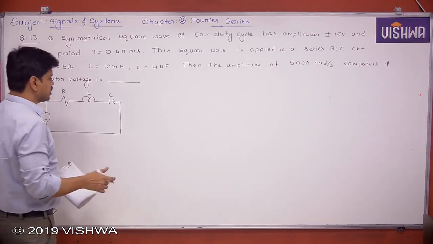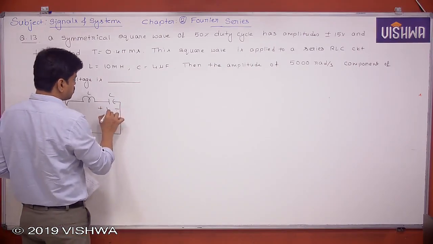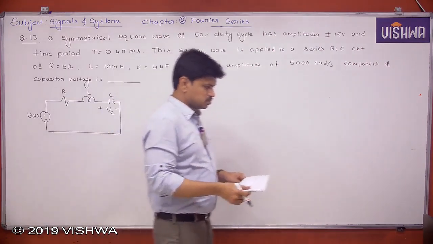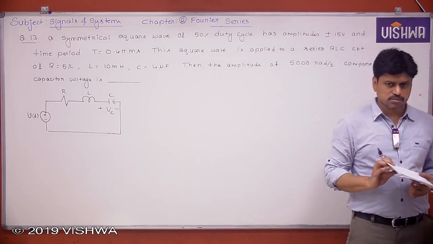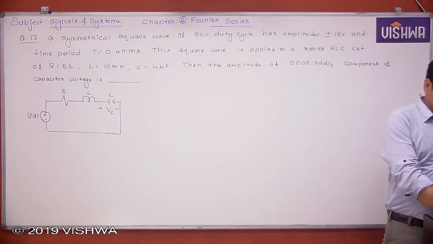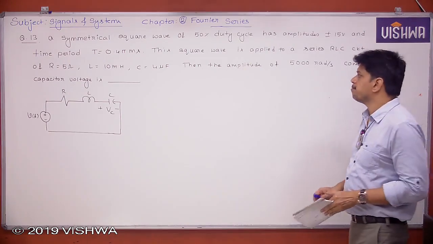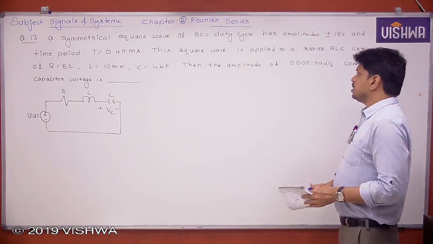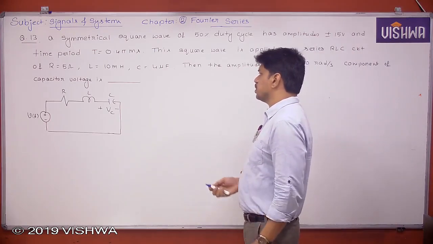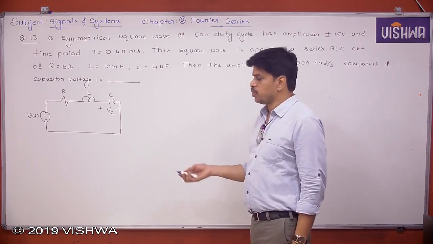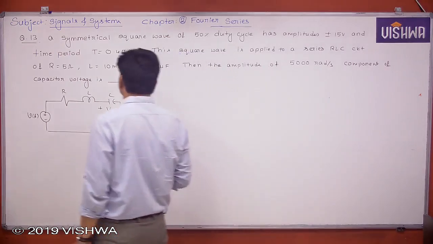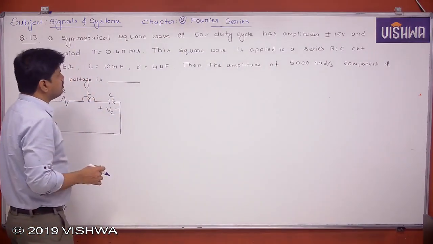Then they want to calculate the voltage amplitude across the capacitor. 50% duty cycle means the on state and off state have to be the same. The square waves we have seen till now are all 50% duty cycle only. So it has time period T equal to 0.4 pi milliseconds.